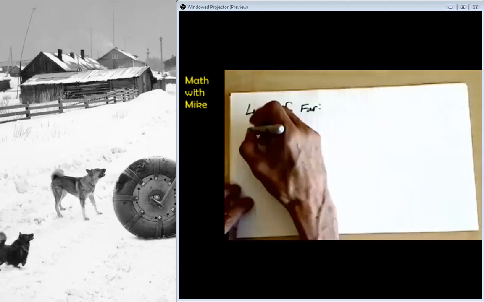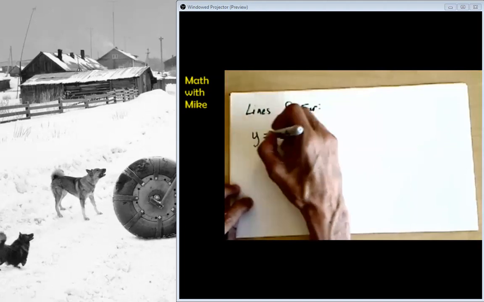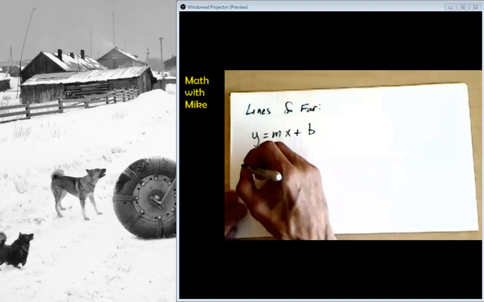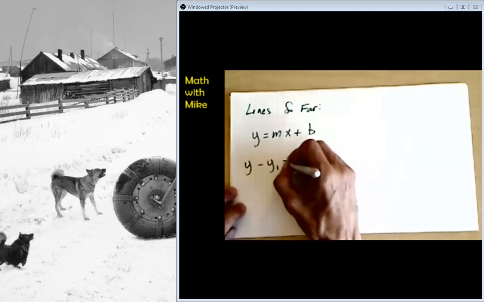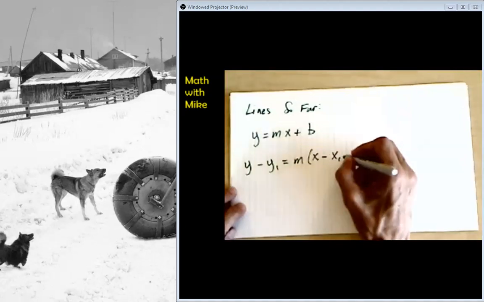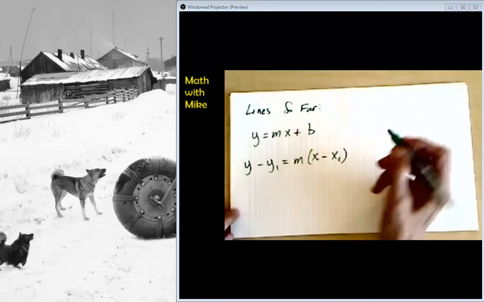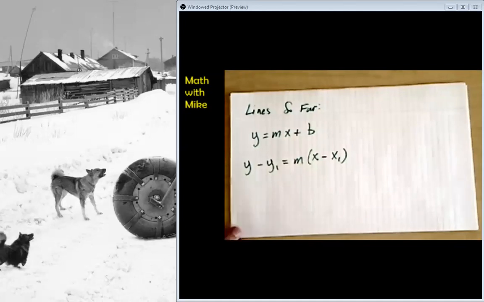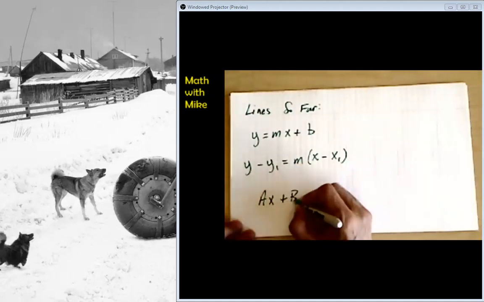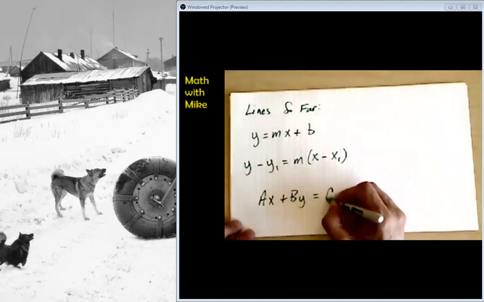We have this one from yesterday. We got this one. And today you're getting another one, something that looks a little like Ax plus By is equal to C.